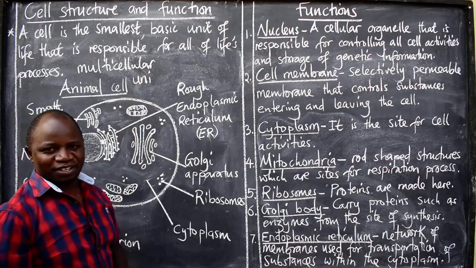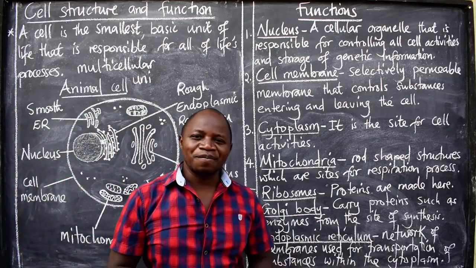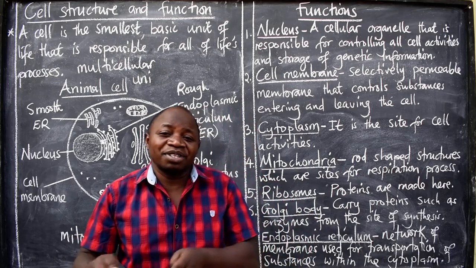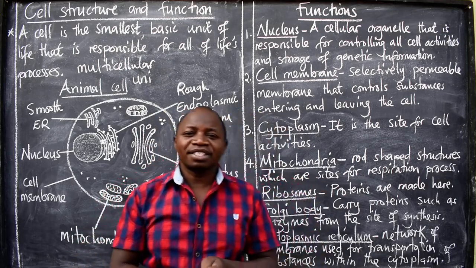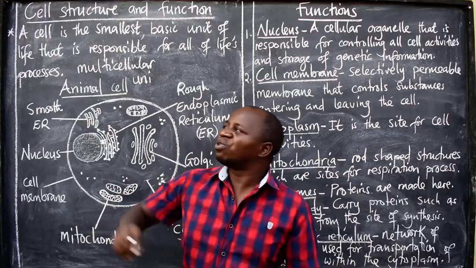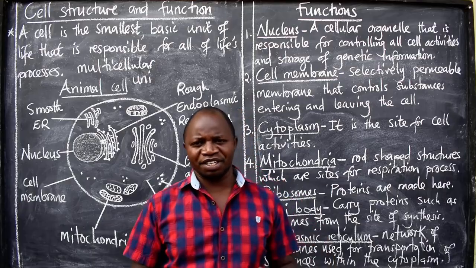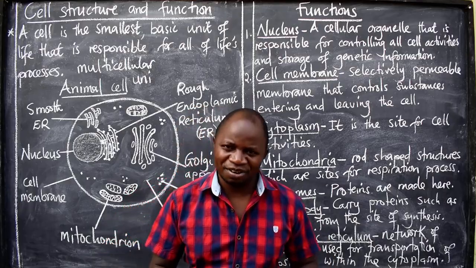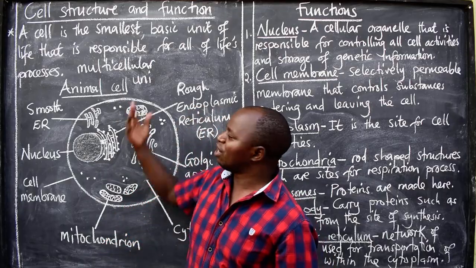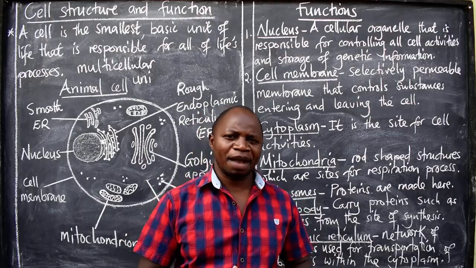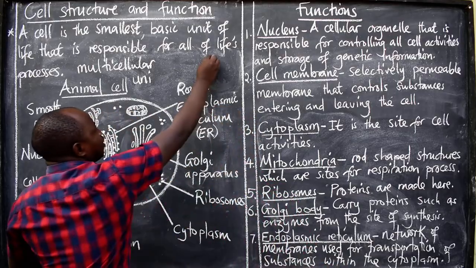Very good examples are what? For multicellular organisms, I said like human beings, plants, animals. Those are multicellular organisms because they are made up of different types of cells. For unicellular organisms, we can pick amoeba. Amoeba is a very good example.